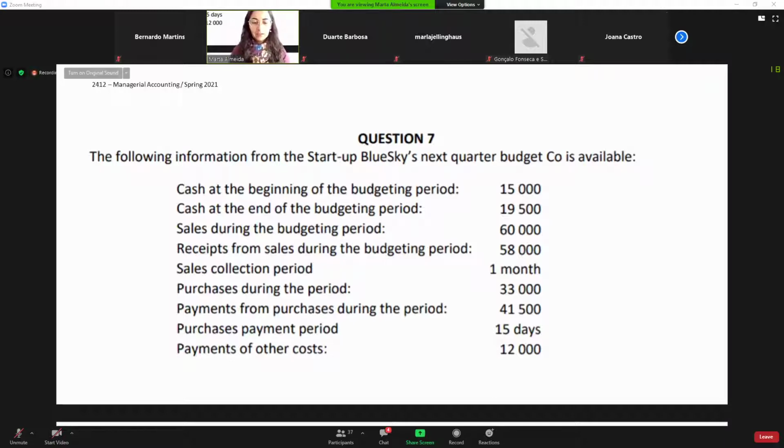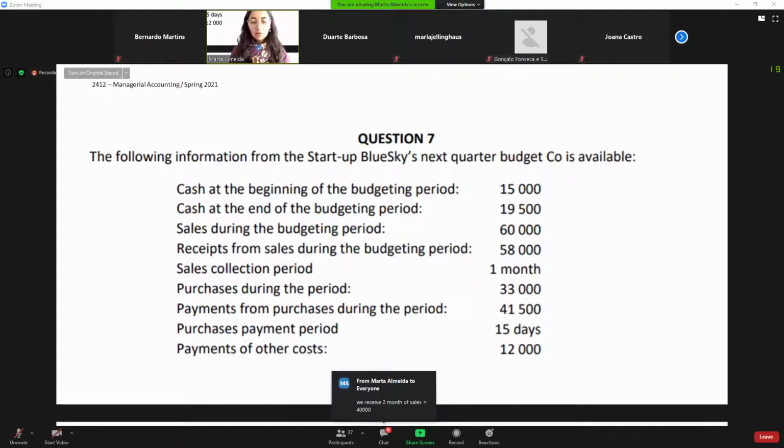Okay, so I will type here in the chat. We have sales of 3 months equal to 60,000. That means that 1 month of sales is 20,000. We receive 2 months of sales, which is equal to 40,000.